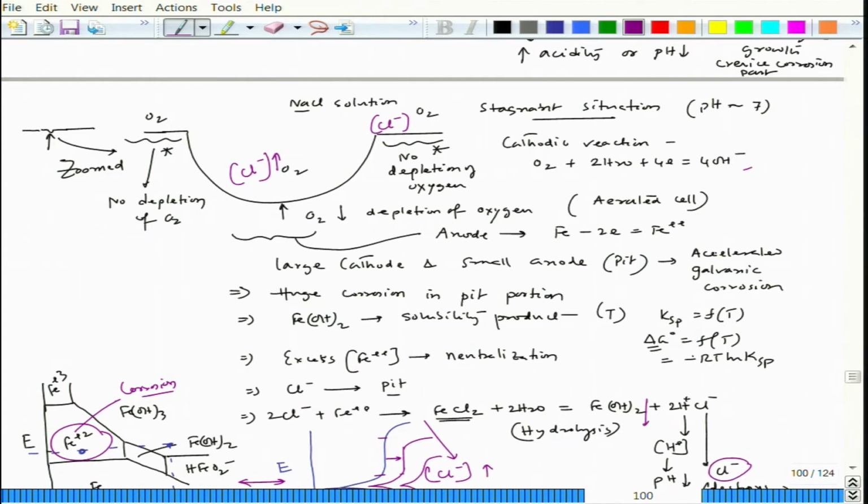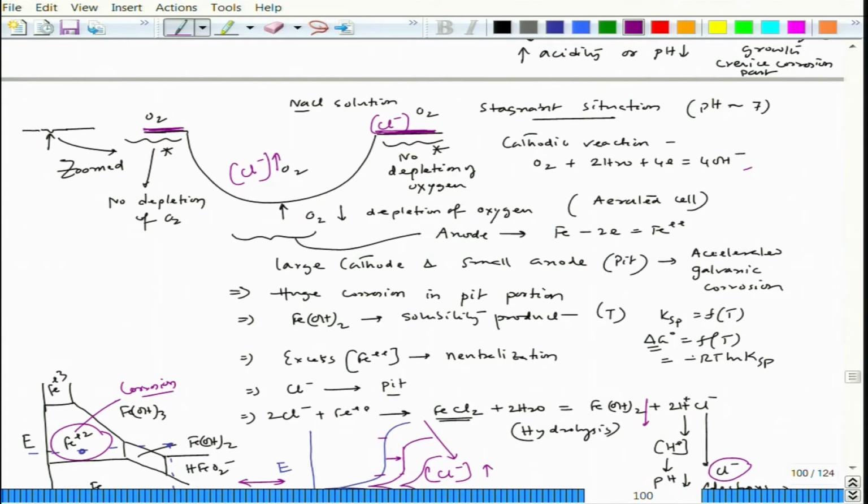If it has a passive layer, that passive layer would not get disturbed during the growth stage, because the chloride ion concentration within the pit has gone up and it will not allow the pit to repassivate. But the flat portion other than the pit region will have passivity, and that will provide the surface for the cathodic reaction.